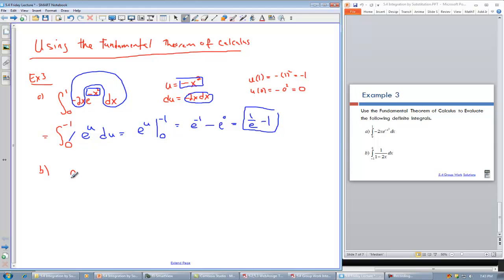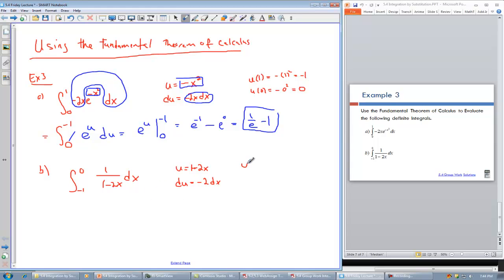On this one, I have the integral from minus 1 to 0 of 1 divided by 1 minus 2x dx. And so I'm going to let u be equal to 1 minus 2x. Then du is going to equal a negative 2 dx. Remember the derivative, constant is 0, and then the derivative of negative 2x is just minus 2, and I put the dx on the end.